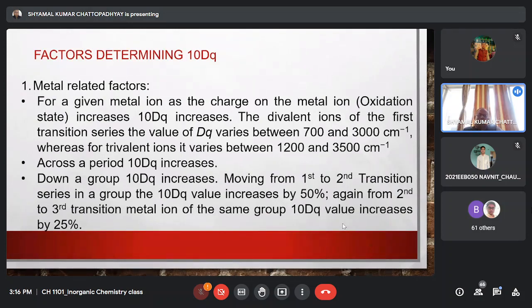As the percentage increase of radius decreases, the 10 Dq value increases by only 25% on moving from second to third, and by 50% on moving from first to second. I shall stop here, because the next thing is the ligand related factor, and that we will discuss in the next class. If you have any question up to this point, you can ask me.